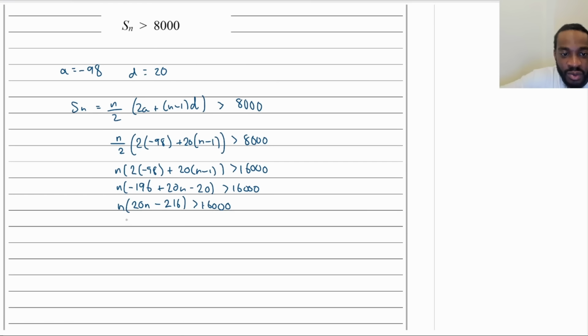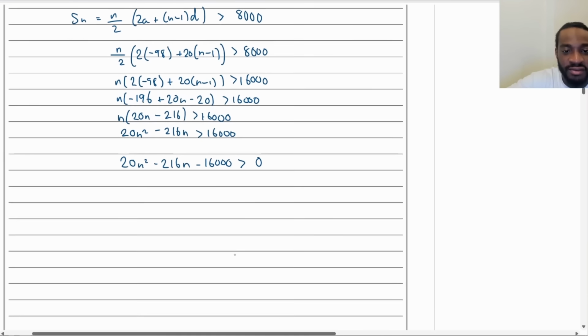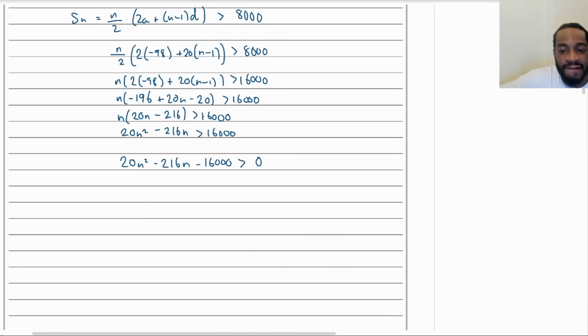And then now we're going to have 20n squared minus 216n is greater than 16,000. And then from here, we're going to have 20n squared minus 216n minus 16,000 is greater than 0. So we need to solve that. What's the biggest number we can divide by? It's not 20.